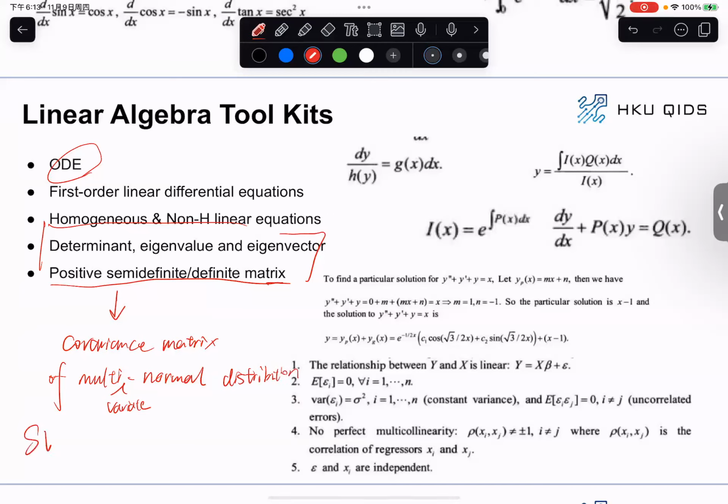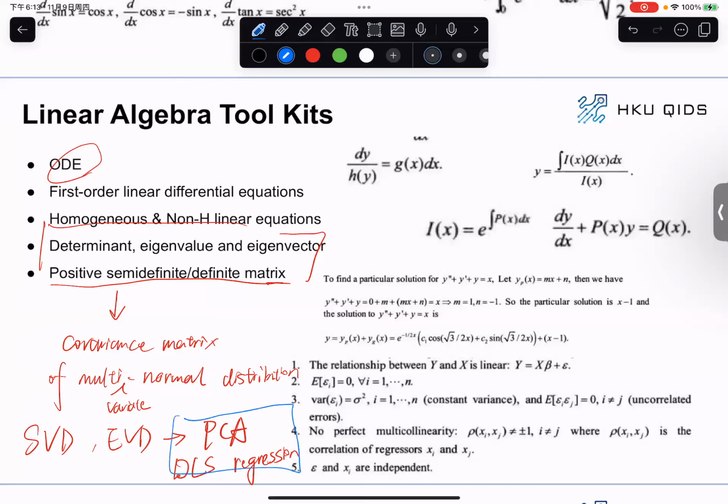And also related to SVD, EVD, which are linked to PCA, and also OLS regression, which these two have also been touched a little bit in the Green Book. I suggest you take some time to get a thorough overview of that.